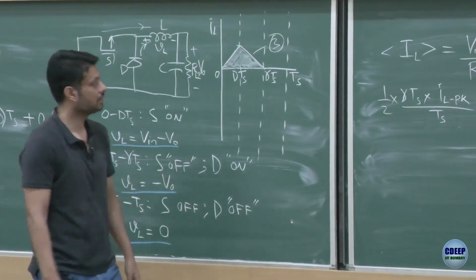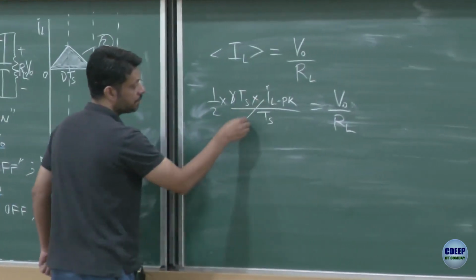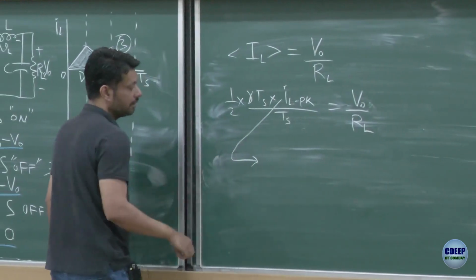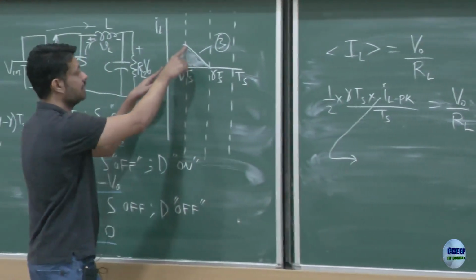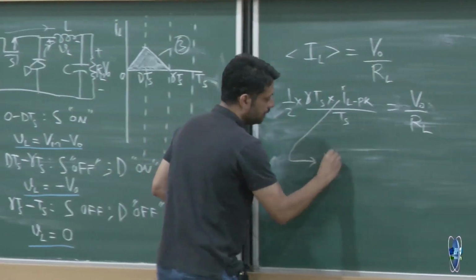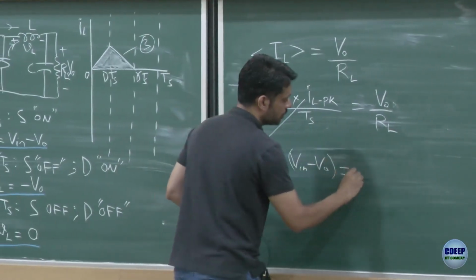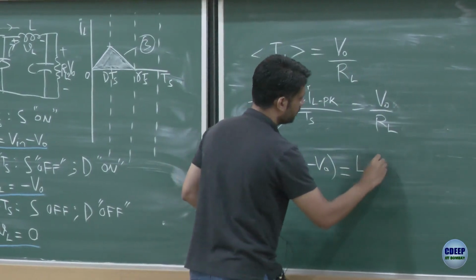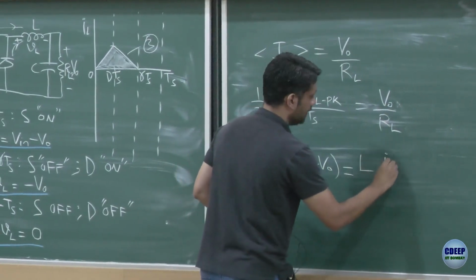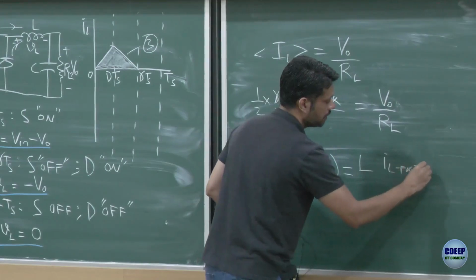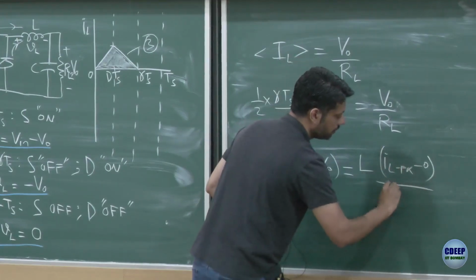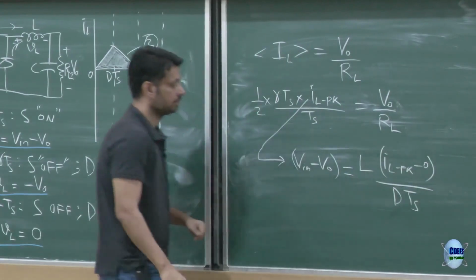Further, you can substitute IL peak from this expression, which is Vin minus V naught equals L times (IL peak minus 0) upon gamma Ts.